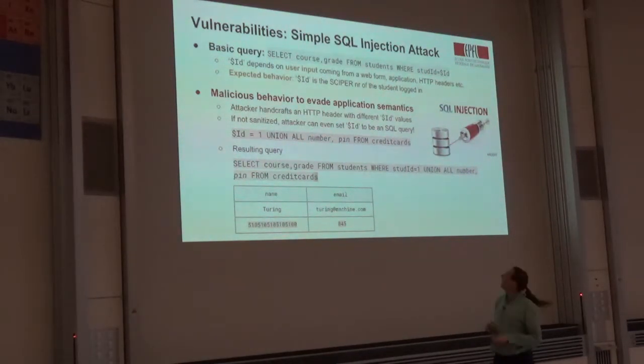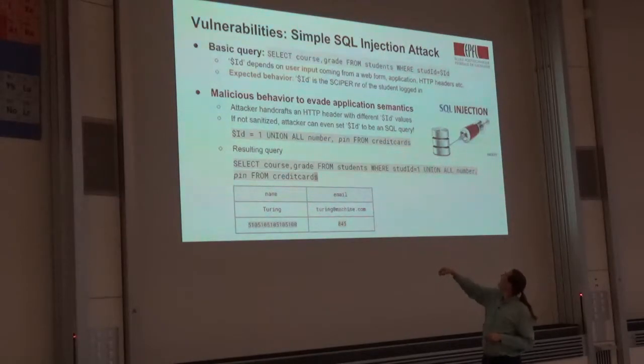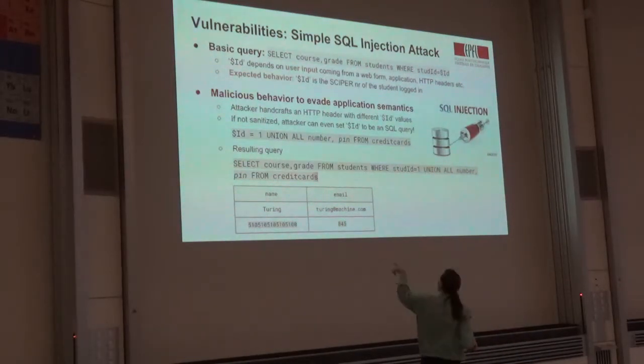So in this case, the attacker sets ID to not just a number, which is what ID is supposed to be, but if the attacker can set it to one space union all number, blah, blah, blah, then it's going to construct a query that has the attacker's additional code in it, which actually changes the semantics of the where clause.